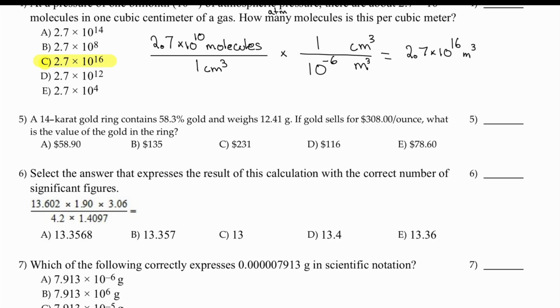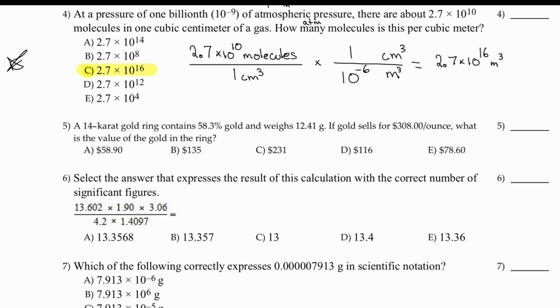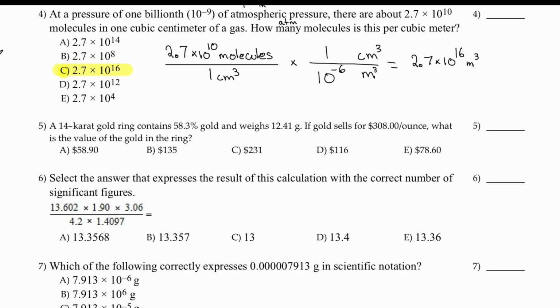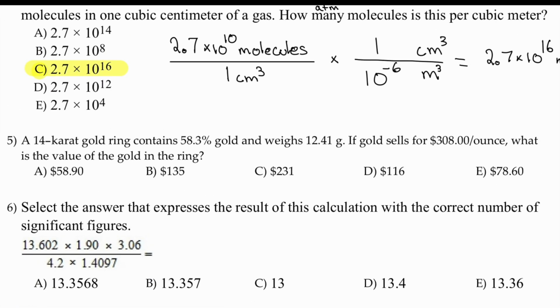So, I'm not sure if you guys have gotten one of these questions, but the way you want to start is you want to figure out how much gold, or the total weight of gold, is in that 12.41, because this is the total weight of the 14-karat gold ring.